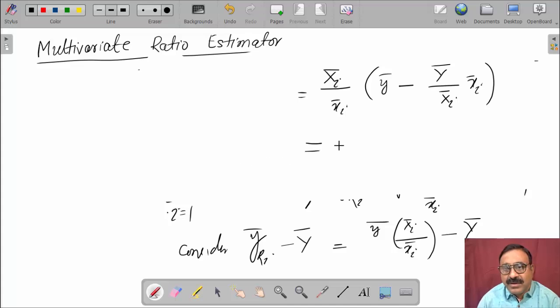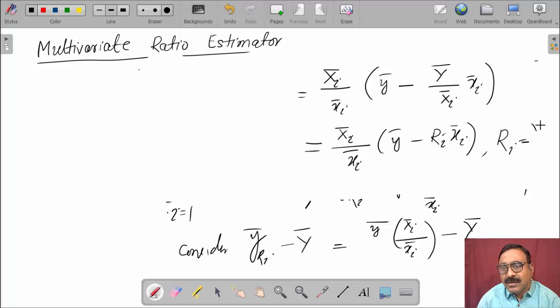Now this will be equal to xi bar by xi bar into y bar minus ri xi bar, where ri equals y bar by xi bar. This is the population ratio for the ith study variable with the ith auxiliary variable.